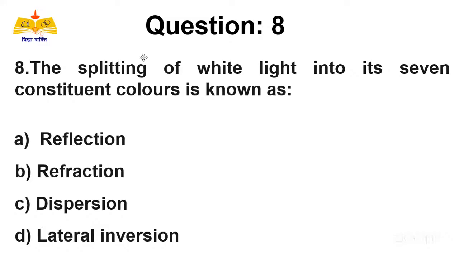Are you done? The splitting of white light into its 7 constituent colors is known as A, reflection, B, refraction, C, dispersion, or D, lateral inversion.